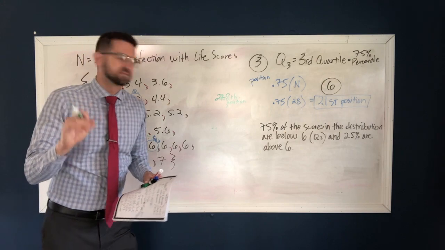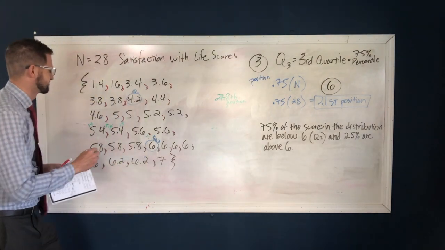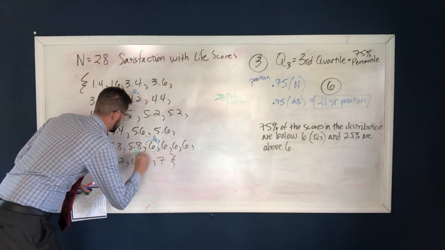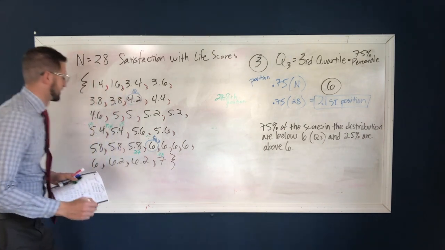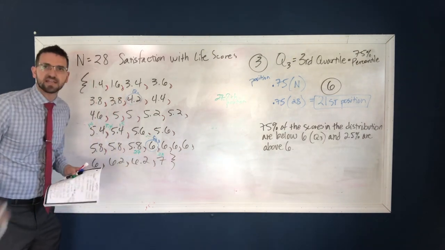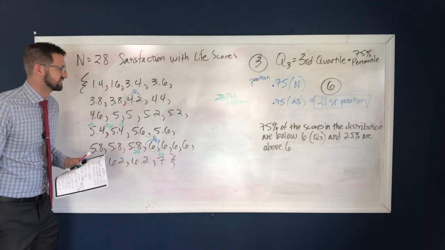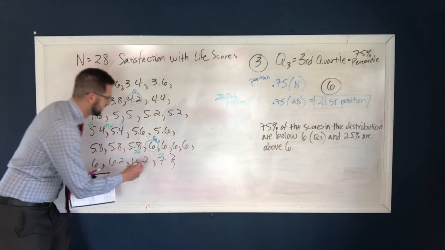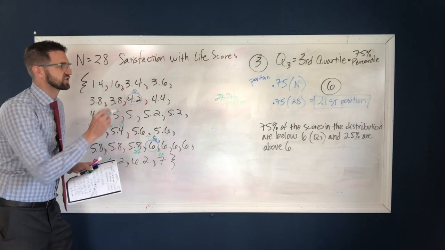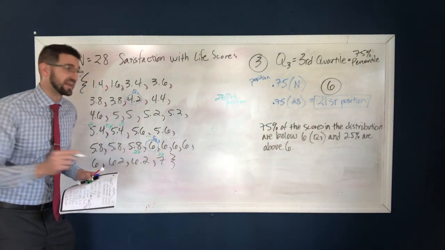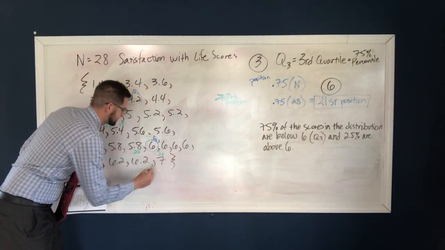It has decimals. Okay, so the 27th position is 6.2 and the 28th position is 7. Okay, so if the position of your Q3 was 27.8, it would be somewhere in between these numbers.